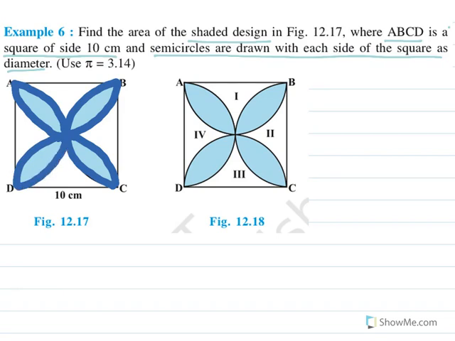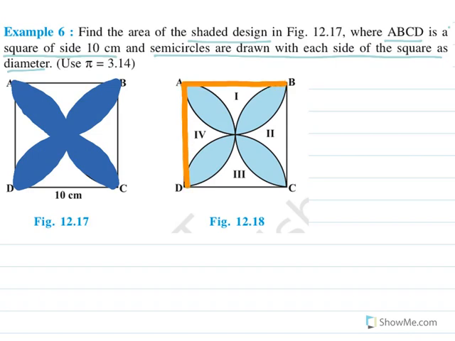Now to find the area of these 4 petals, in the first step, we'll first find the area of the square ABCD. So let's go ahead and find area of ABCD, and ABCD is a square, which means side into side, and the side is given as 10 centimeters.